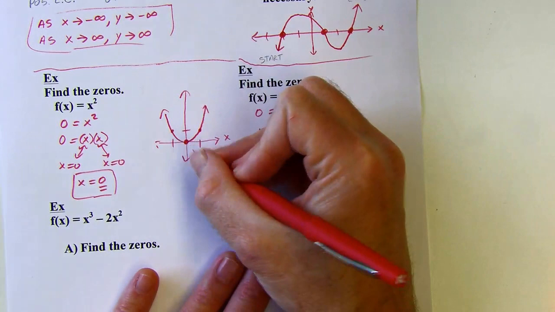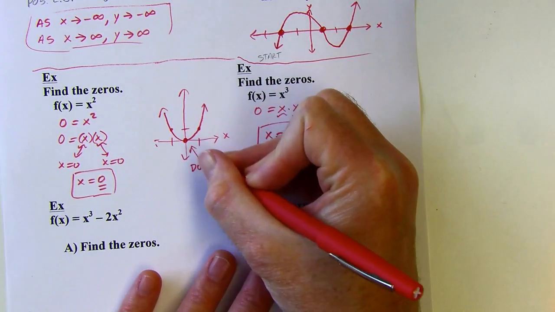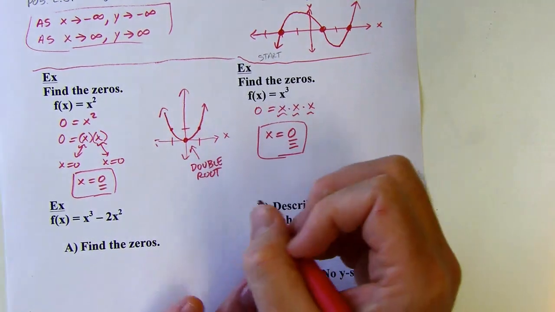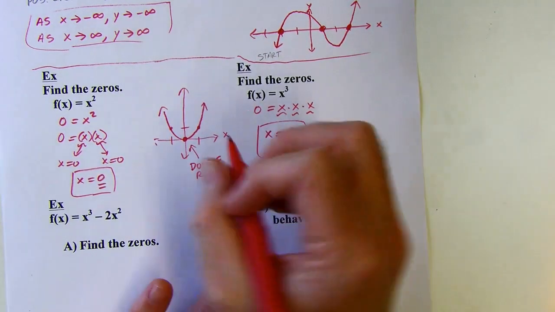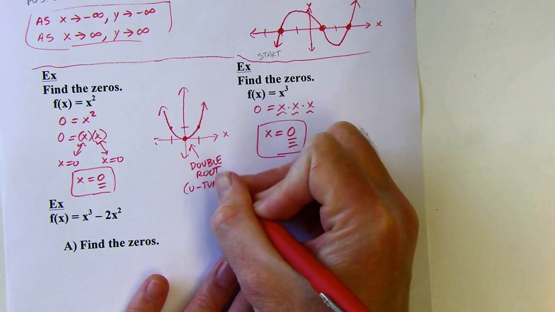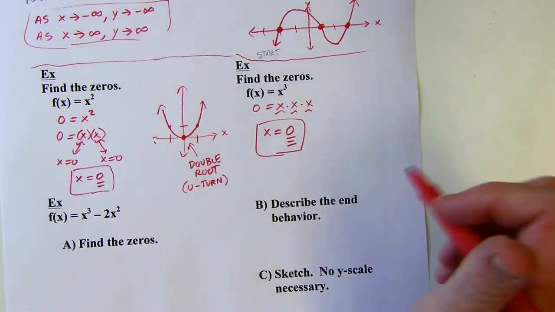The significance is that it does a U-turn right there. So when I have a double root, it's going to be a U-turn. So that means it's going to touch the x-axis and turn around, right? Okay, so that's always going to happen with double roots.